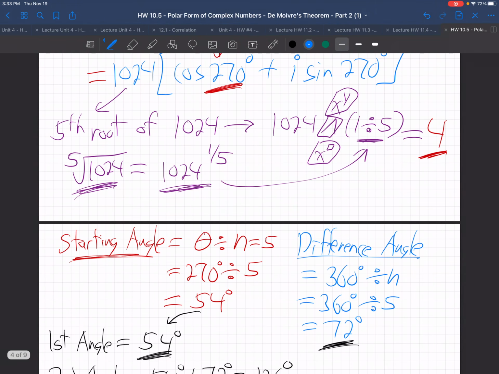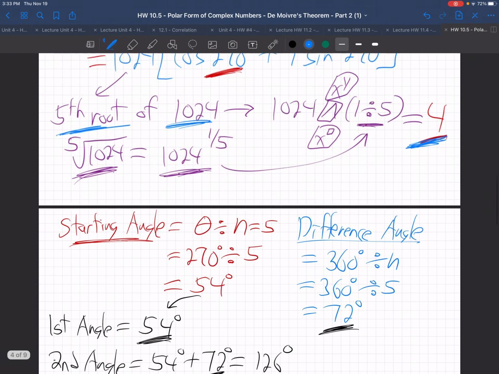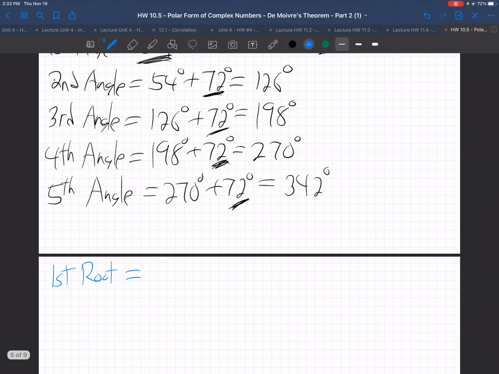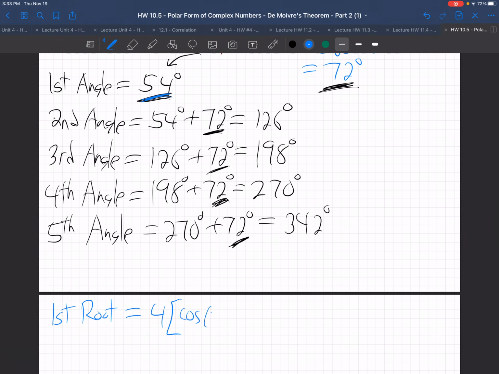It was 4. Right there. That was the fifth root of 1024. Right, with 4. That has to go in the front. And then it's cosine of the first angle, 54, plus i sine 54.